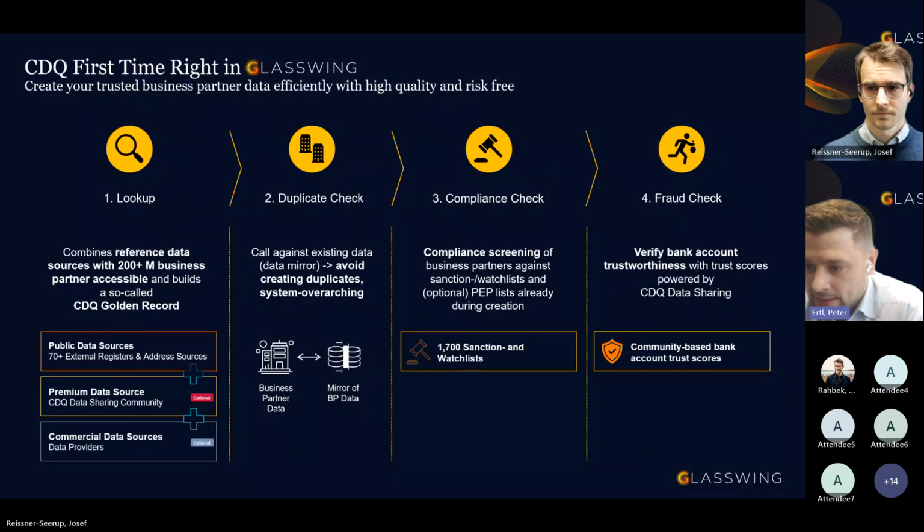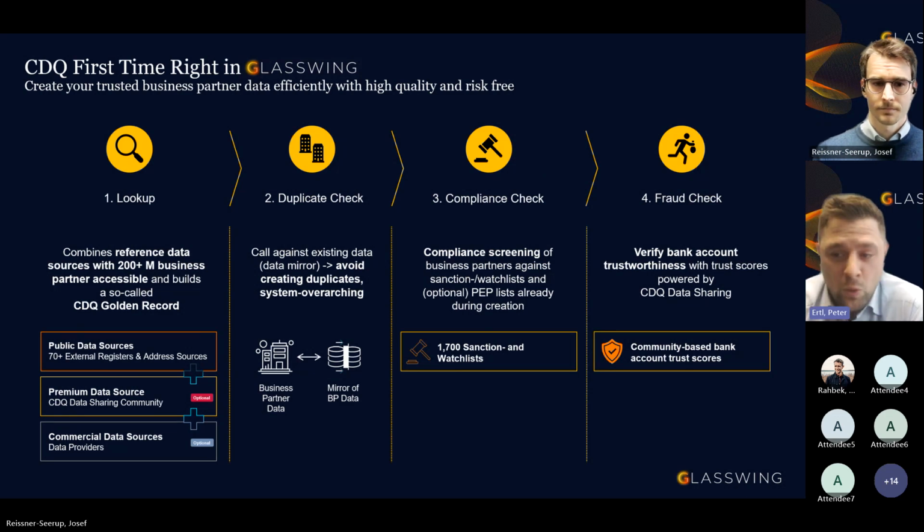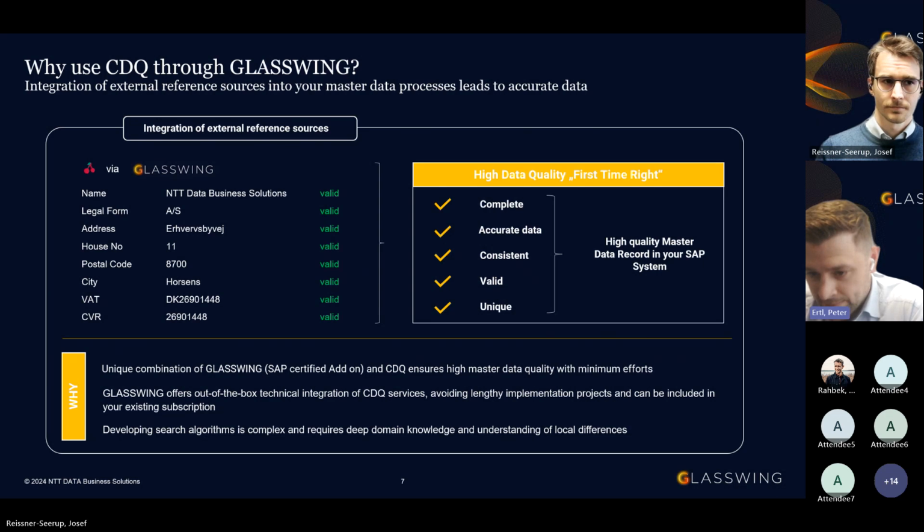And last but not least, we ensure that the bank account is actually a trustworthy bank account and that you're not paying any payments against a fraudulent or forged bank account. So these services from CDQ, 1 to 4, we have directly integrated. And what you're getting is a validated business partner.